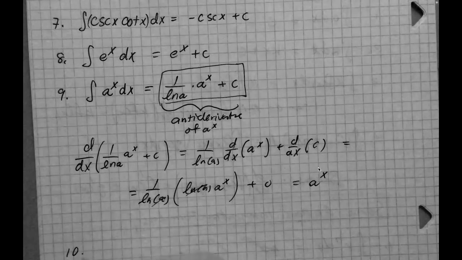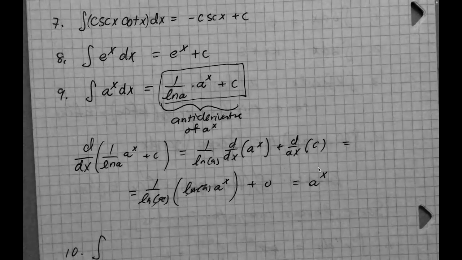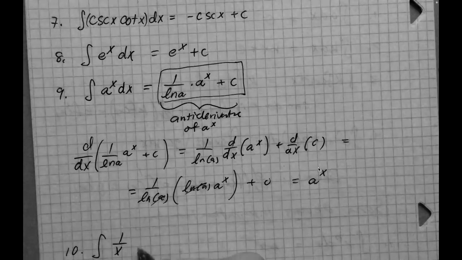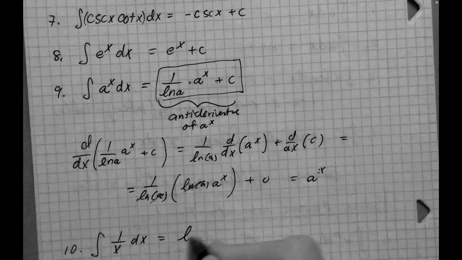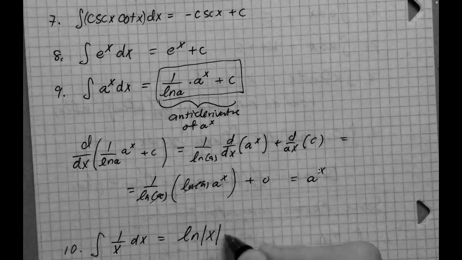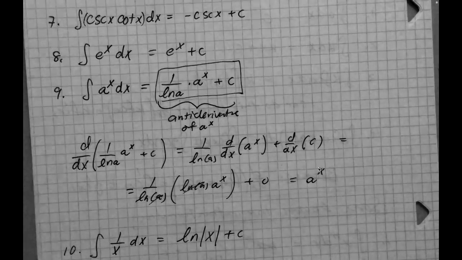And the last one we'll mention, and we'll get into this one in more detail later, is the integral of 1 over x dx. That's equal to the natural log of the absolute value of x plus a constant. And so why the absolute value?